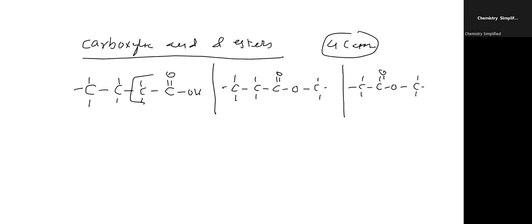Okay. And finally, if I shift all the 3 carbon atoms from here, replacing this hydrogen, then I get H here, COO, and 3 carbons on this side.